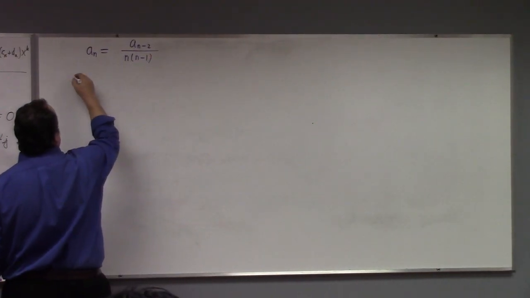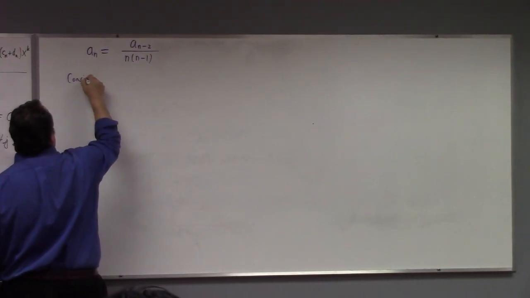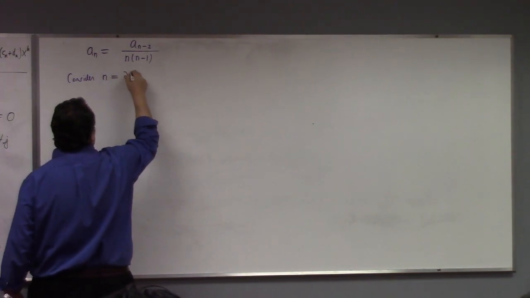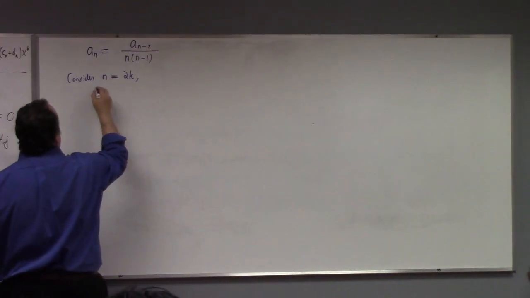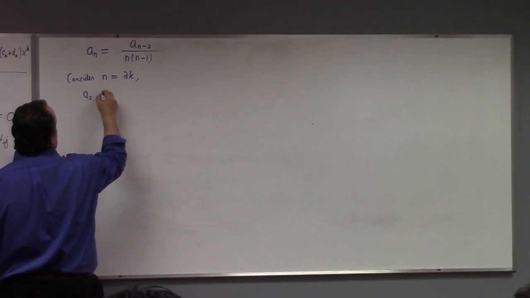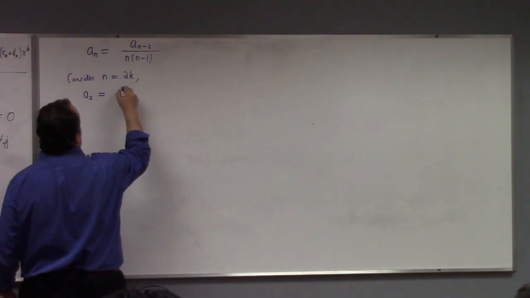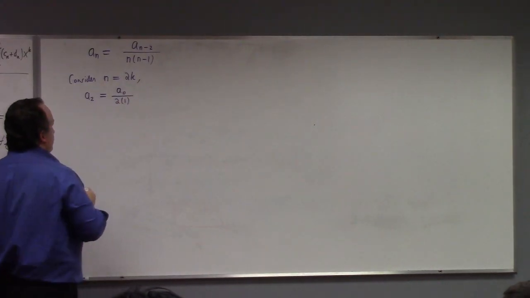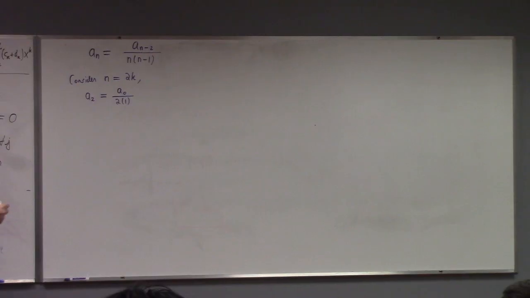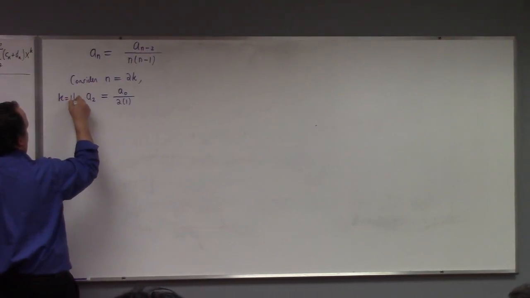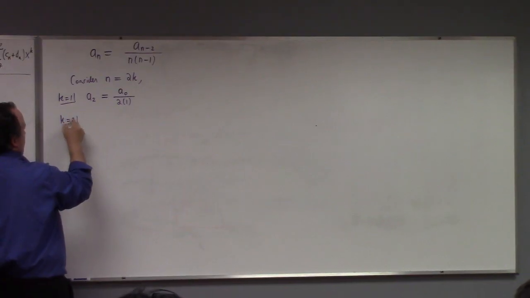So at this point, let's consider n equals 2k. So a_2 is equal to what? a_0 over 2 times 1. This was k equals 1.